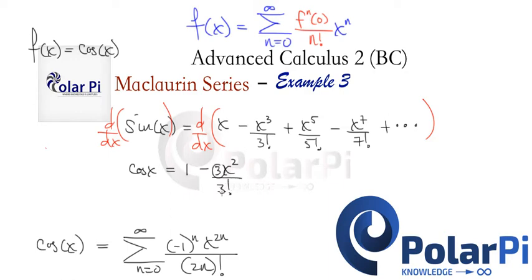But the 3 here and the 3 factorial are going to cancel to a 2 factorial in the denominator, so I prefer to write that. So I just have minus x squared over 2 factorial. And then the next term, plus x to the 4th over 4 factorial. I'm just skipping details; similar stuff will happen once you apply the power rule. And then minus x to the 6th over 6 factorial.